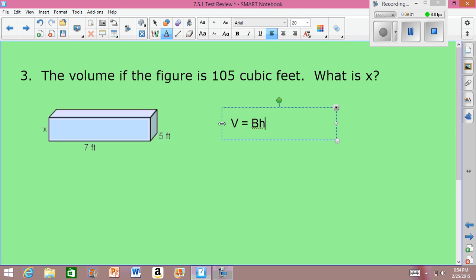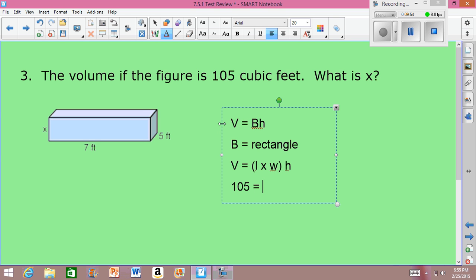So remember, this shape is a rectangular prism. So big B equals the rectangle. So we're going to substitute in. Volume equals length times width for the area of a rectangle times our height H. So let's substitute in what we know. So we know that the volume is 105.